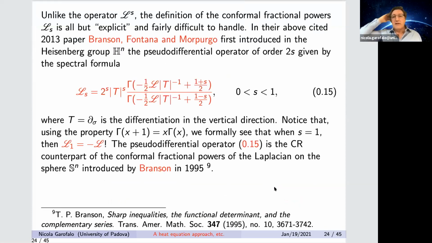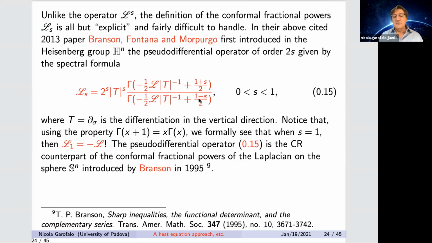At this point, I need to define L lower s for you. Unfortunately, the definition of this operator is not so simple. It was first introduced in the cited 2013 paper by Branson, Fontana, and Morpurgo. The operator is introduced via a spectral formula. This is the Euler gamma function.